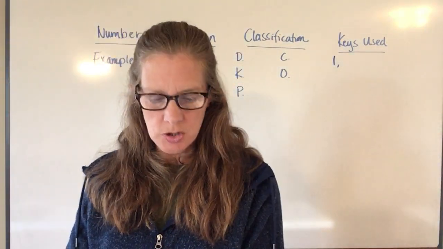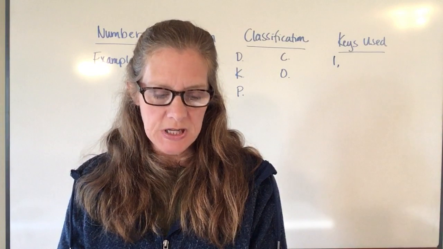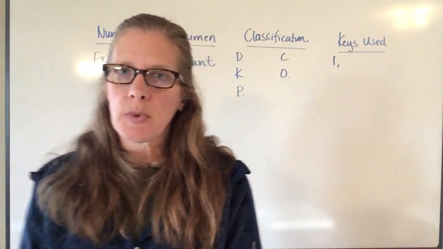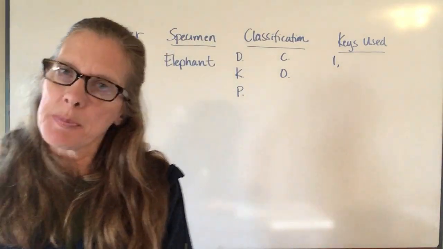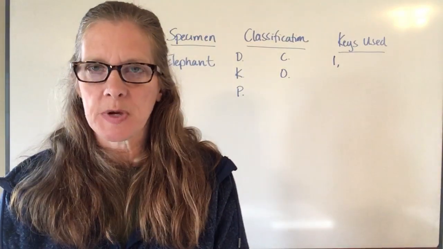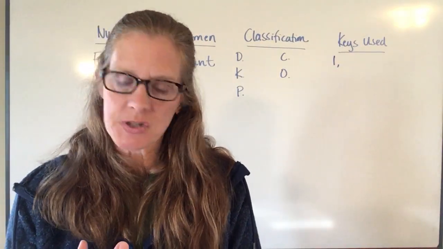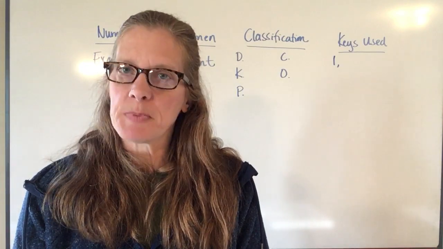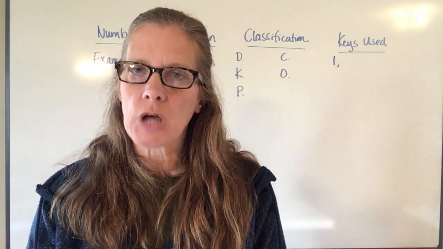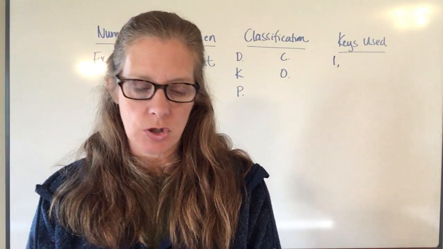And for the first question, again, look at the top of page 358. The first question we have to answer is, is it microscopic or is it macroscopic? Obviously, we do not need a microscope in order to see an elephant. So it must be macroscopic, and all macroscopic organisms fall into domain Eukarya.